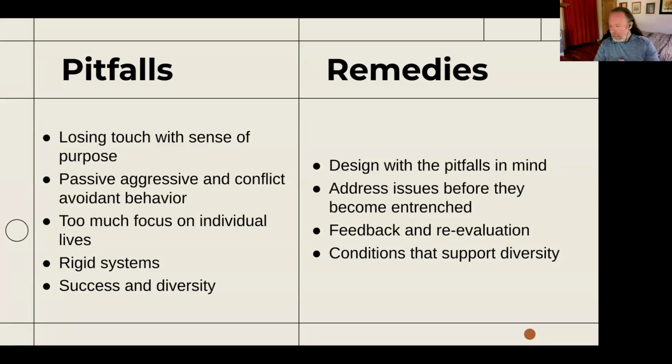And then lastly, I would say, that's supposed to say succession, not success: succession and diversity. Succession is a problem for smaller groups or groups that have big buy-ins, which tend to have lower turnover: an aging population.